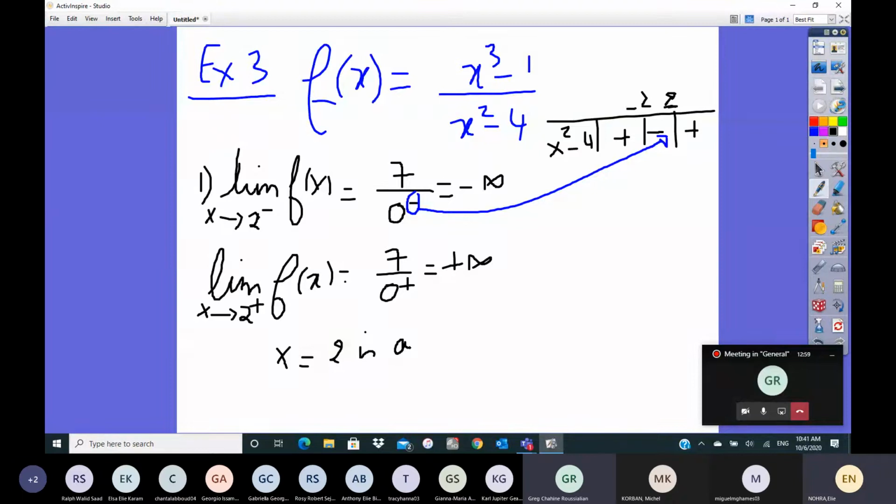Yes, you are right. Very good. So x equals 2 is a vertical asymptote.